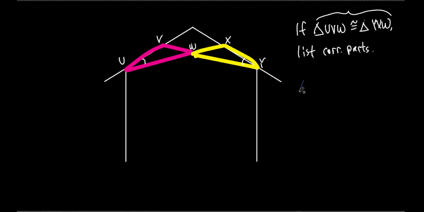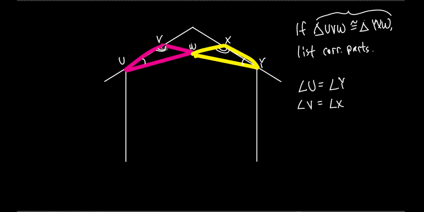So I could say that angle U is equal to angle what? Y. What else is going to be equal? V and X, that's right. So I could say angle V is equal to angle X. And let's just mark it right there. So V and X are equal to each other.